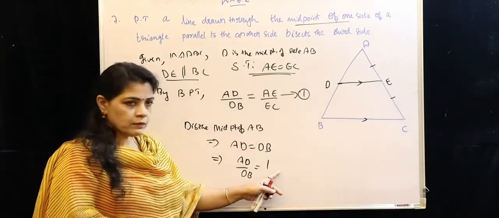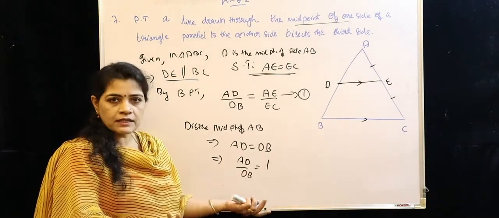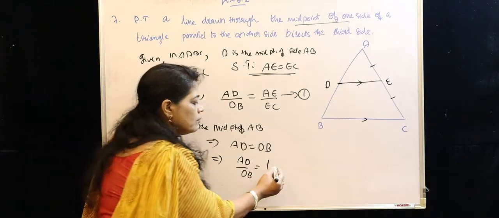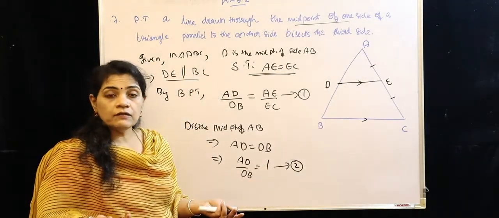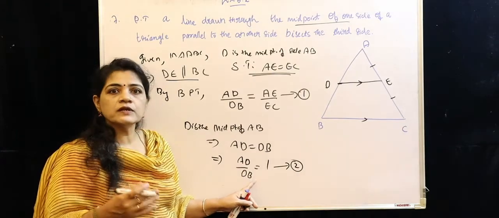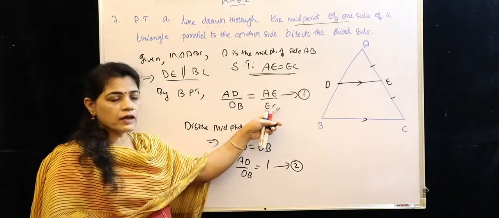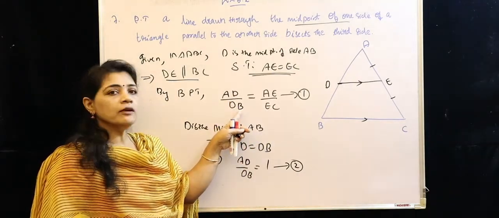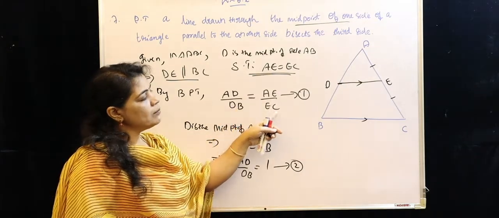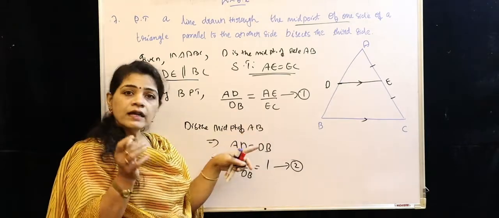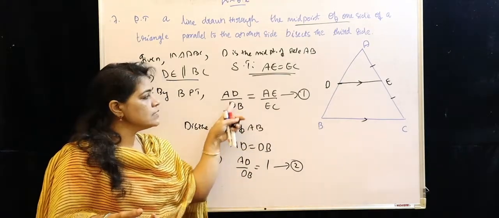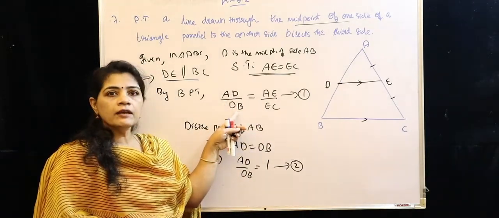This can be equation number 2. But from equation 1, AD by DB equal to AE by EC. So can you substitute that AE by EC is also 1?